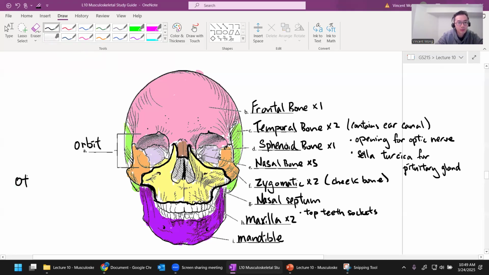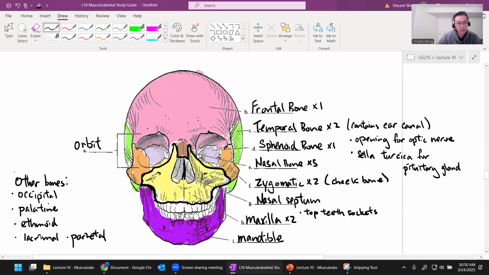Okay, so other bones that you cannot see here, but you should definitely go locate on the 3D model. We have the occipital, palatine, ethmoid, acromial, parietal.